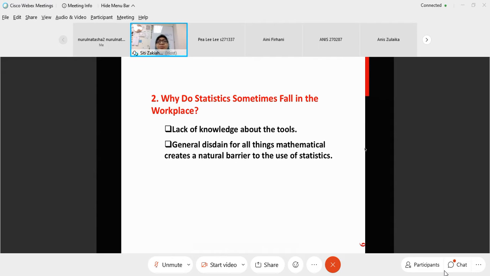Kadang-kadang bila kita rasa Allah susahnya, lepas tu bila buat sikit je pun, kan? Usually it's like that. Ni sebab kita natural. Barriers of math ni bukan di Malaysia je, di mana-mana. Ada orang memang dilahirkan pandai math. Ada orang bukan dia tak pandai, dia takut math. Dengan math saja tak boleh nak buat.